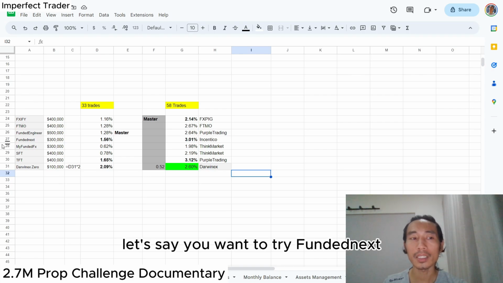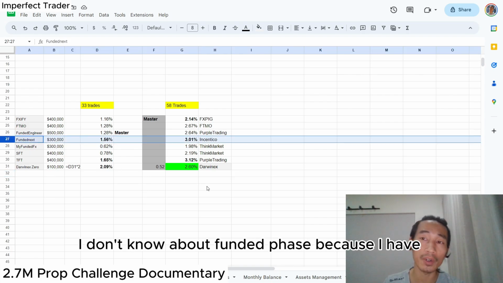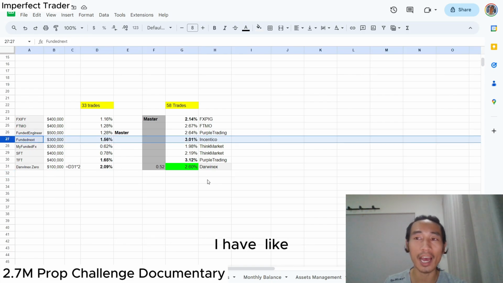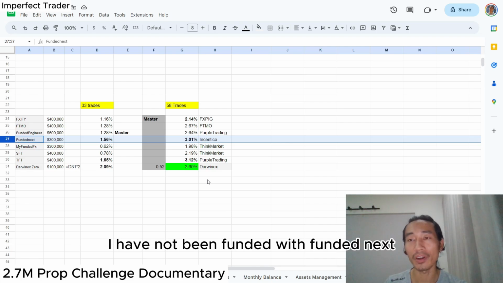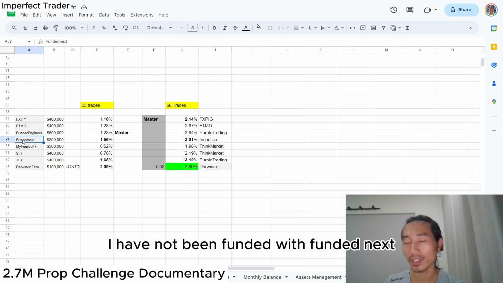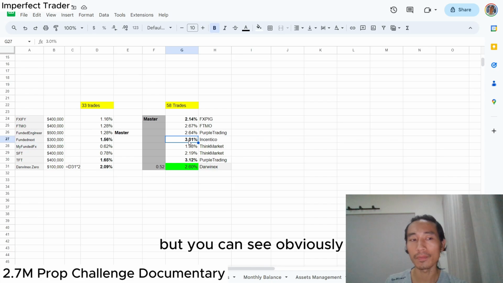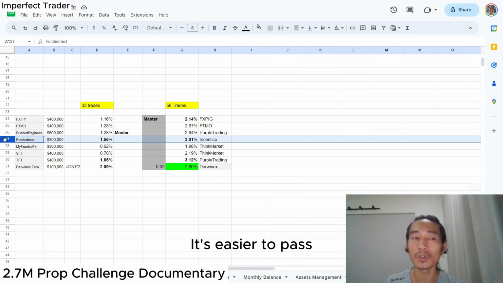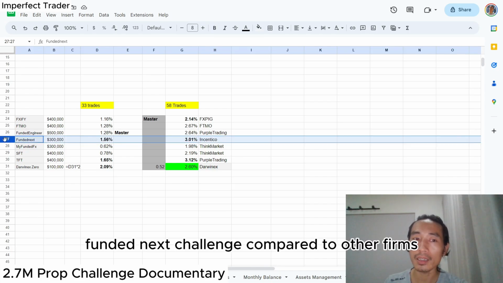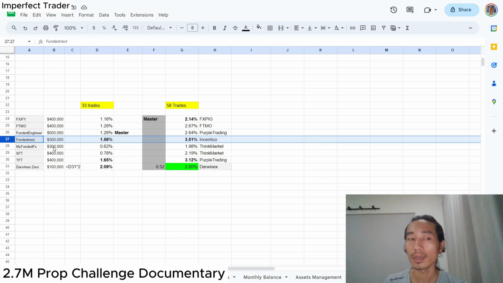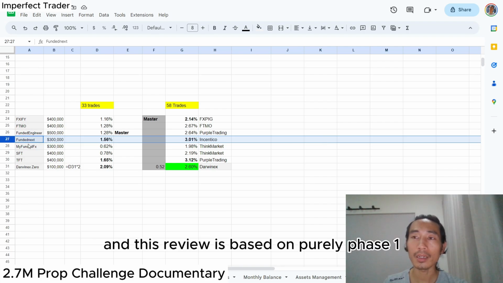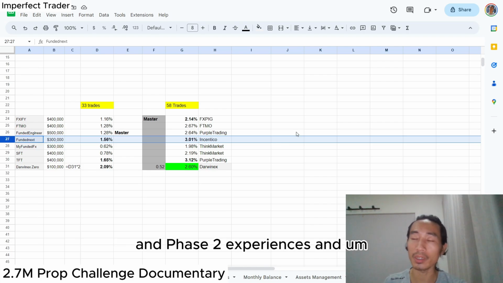So let's say you want to try FedEx Next. I don't know about the funded phase because I have not been funded with FedEx Next. But obviously it is easier to pass the FedEx Next challenge compared to other firms, and this review is based purely on phase one and phase two experiences.